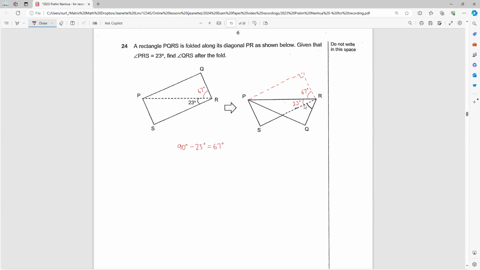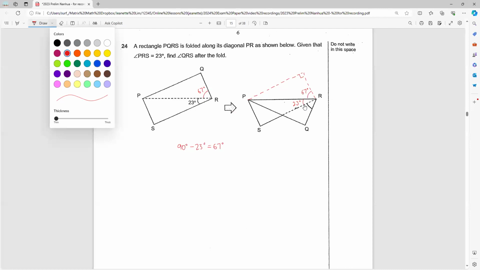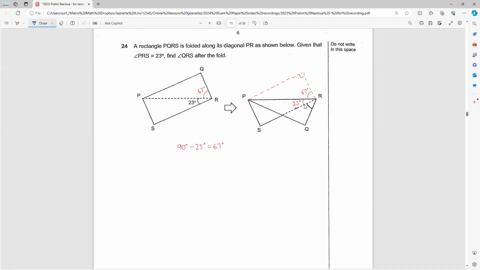So what we do is we take 67 degrees minus 23, and you get the angle that we want. Okay, 44 degrees.